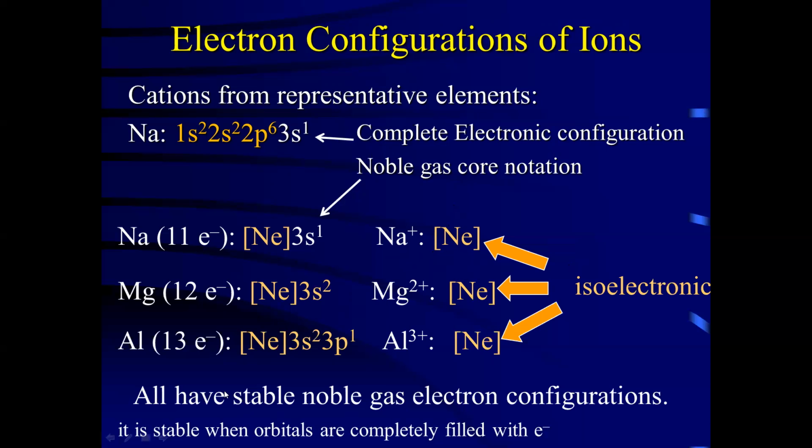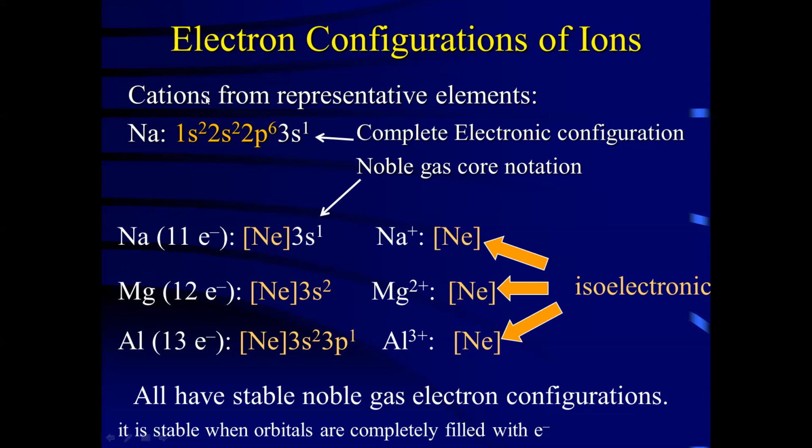Okay. In other words, for ions, like magnesium, we take a look at the table and find that magnesium has 12 electrons. When it forms ions, magnesium will lose 2 electrons, so you only have 10 now.